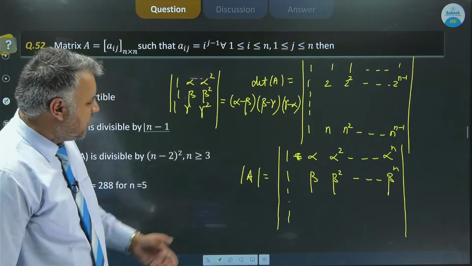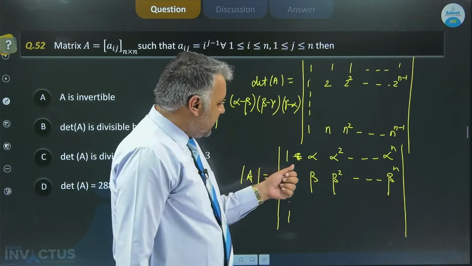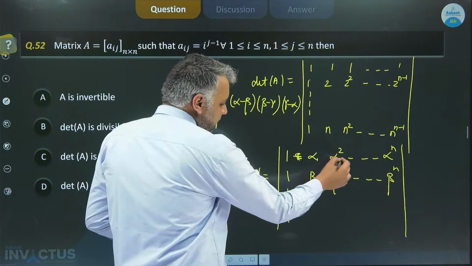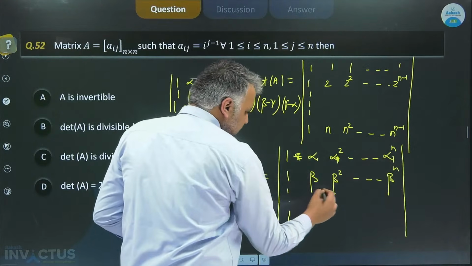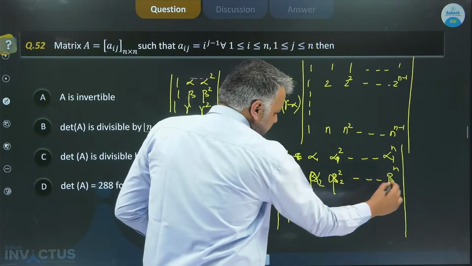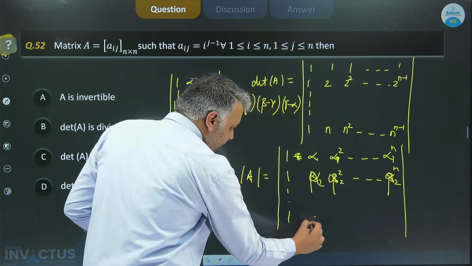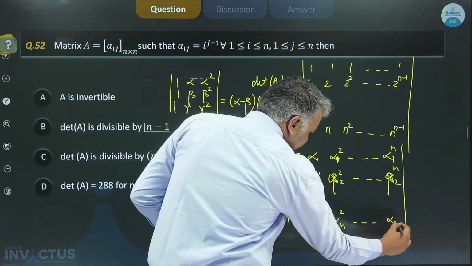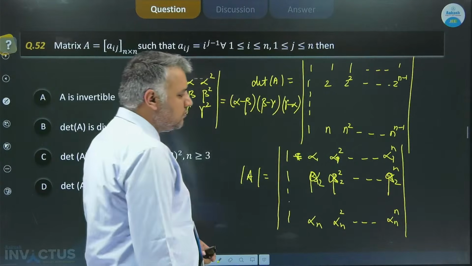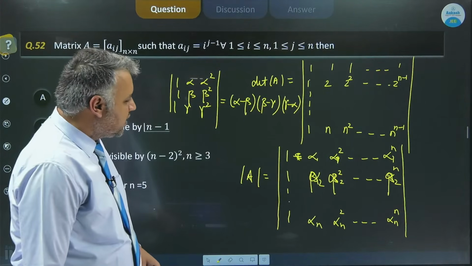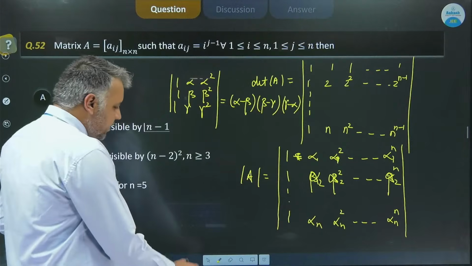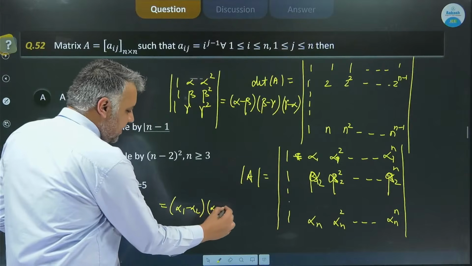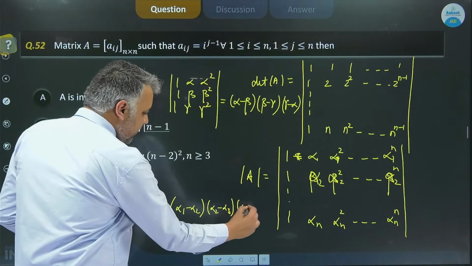On the same note, we can say for this determinant, if I use 1 alpha 1, alpha 1 squared, and so on, up to alpha n power n minus 1, this must be like alpha 1 minus alpha 2, alpha 2 minus alpha 3, alpha 3 minus alpha 4.